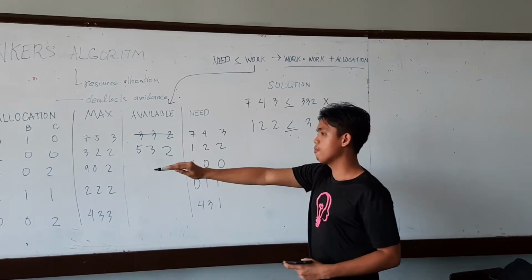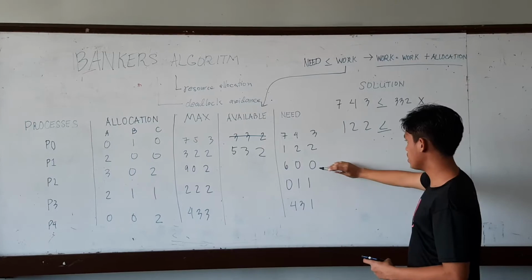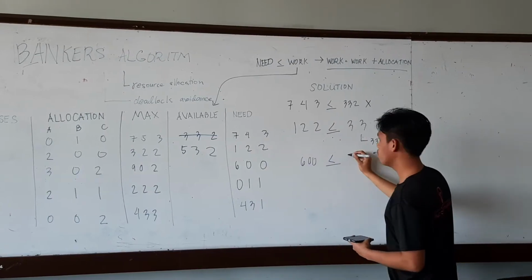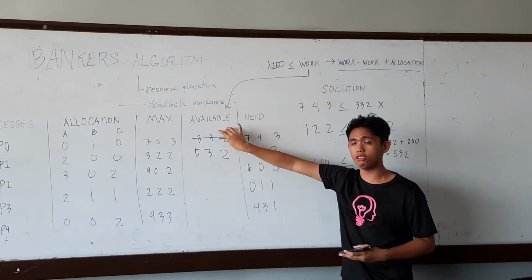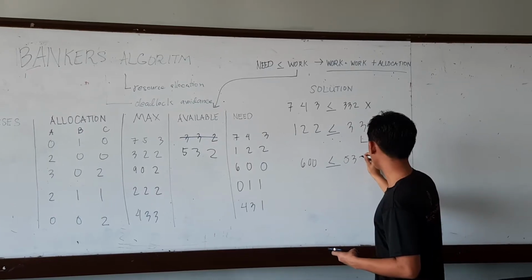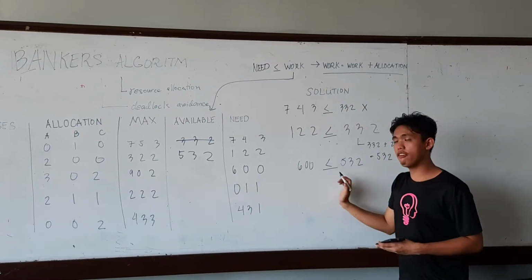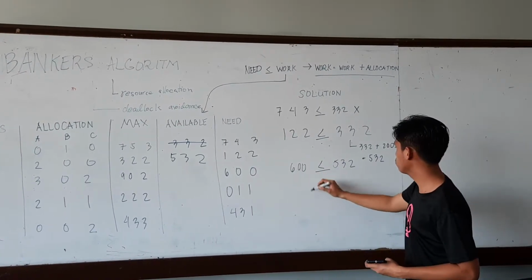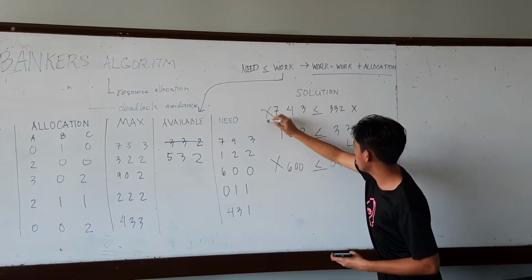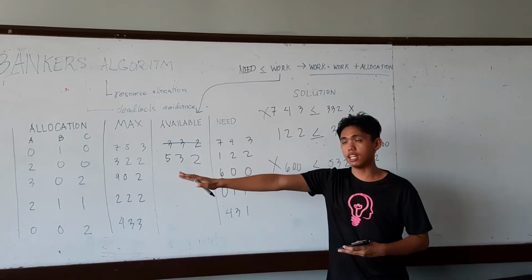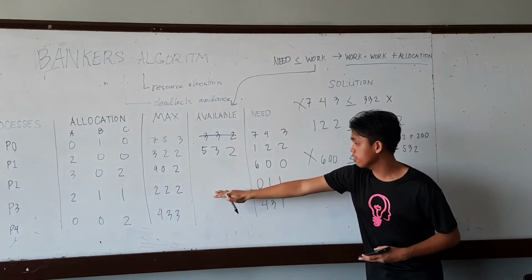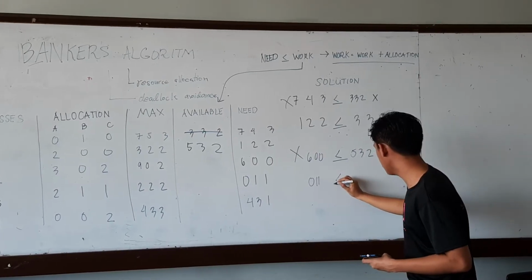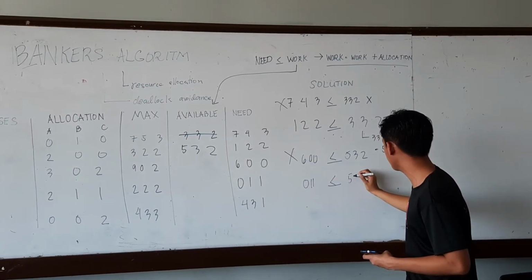So now let's go to the second process, P2, which is 600. Is it less than or equal to 532, since it's not 332 anymore? Is this true or false? Definitely this is false, a bigger amount than the small one. So this is wrong, and we will cancel the second process. Now let's go for the third one, wherein the need is 011. Is 011 less than or equal to 532?